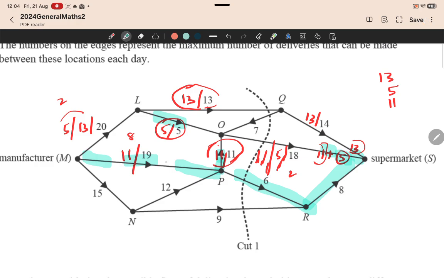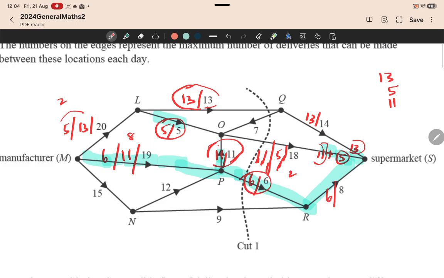So let's now look at this particular route, and the smallest value along those edges is 6. So we accommodate 6 here and another 6 here because we can still accommodate 8 there, and 6 here.